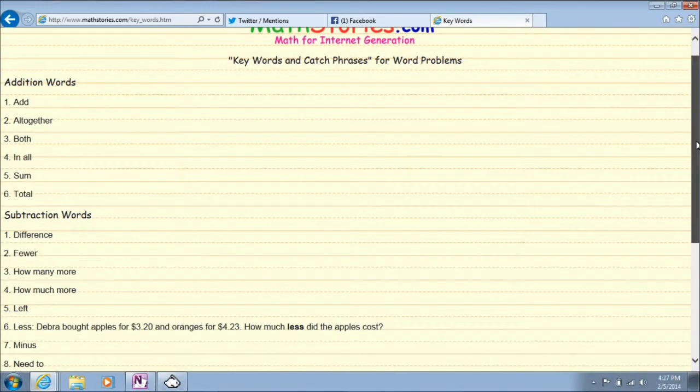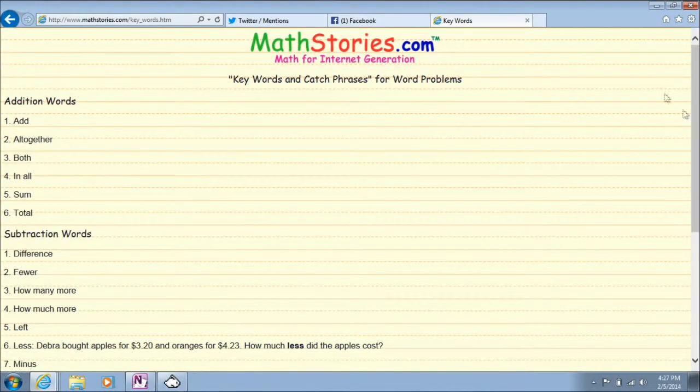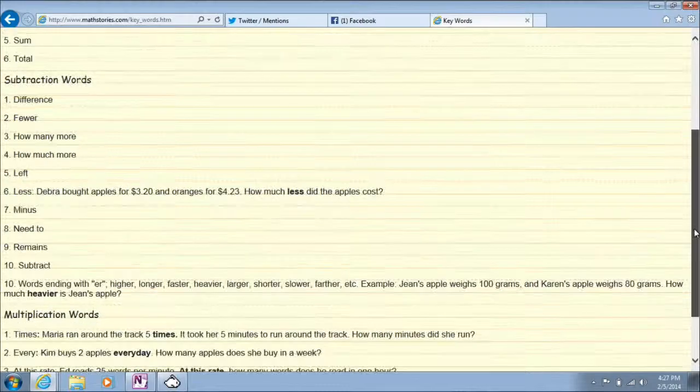So if you cut to my screen, I've got some words up on there. So addition words are things like obviously add, but then all together, if they're asking you to find a total of something or a sum or in all, these are all things that typically mean that you're going to add.